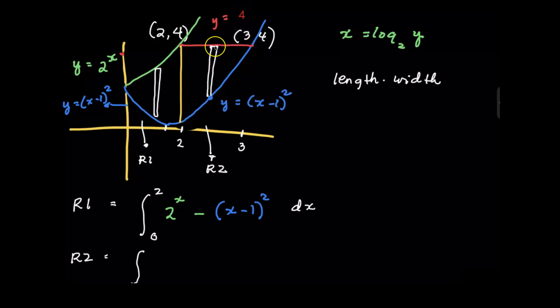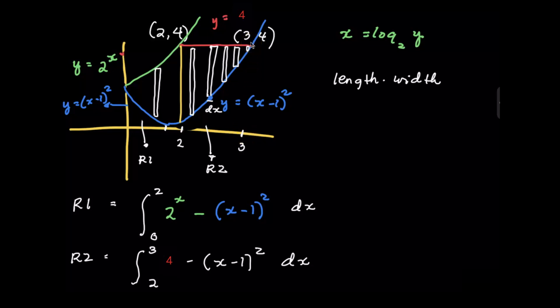We have the higher value, 3, minus the lower value, (x − 1)². That's the length, and the width is again dx. And what is our x? If I slide this to cover the entire region, I can draw representative rectangles just so that you can see what I mean. So when we cover that, x slides from 2 up to 3. So the problem only asks you to set up. There is no need to evaluate.